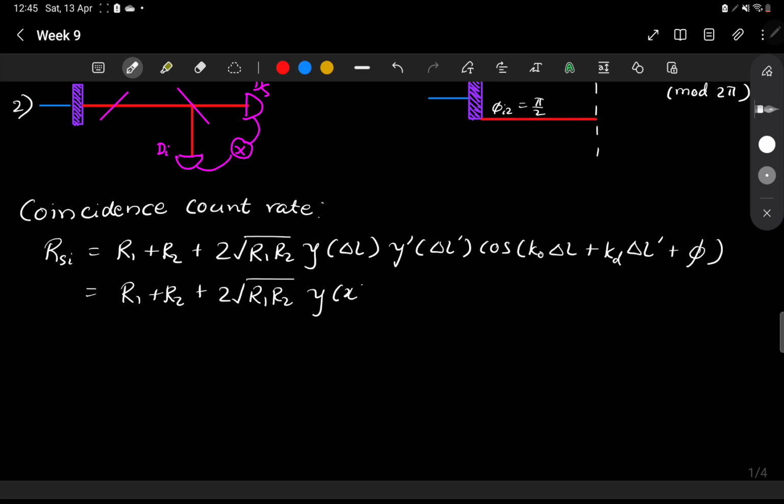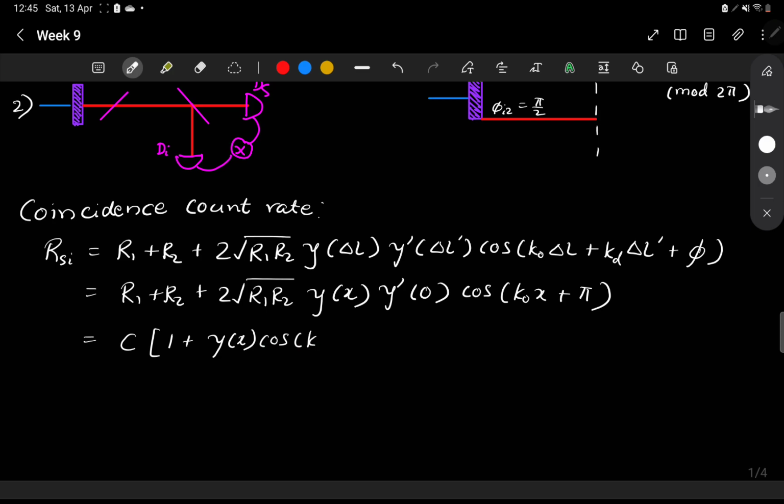Delta L is x, delta L prime is 0. Again we'll take R1 equals R2 equals C by 2, as we have been doing all along. We have been doing this in the previous week as well.